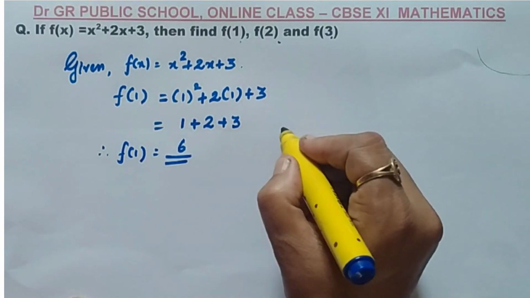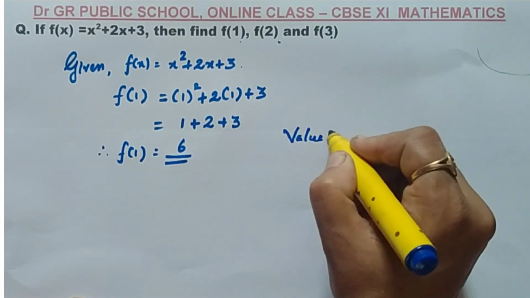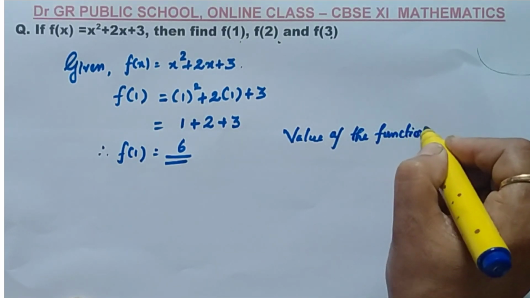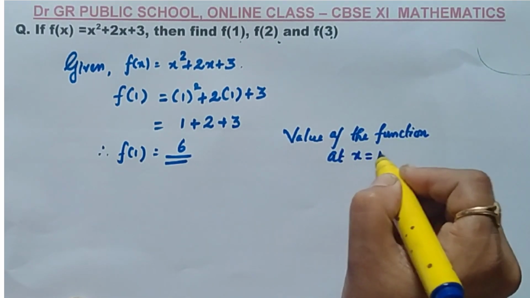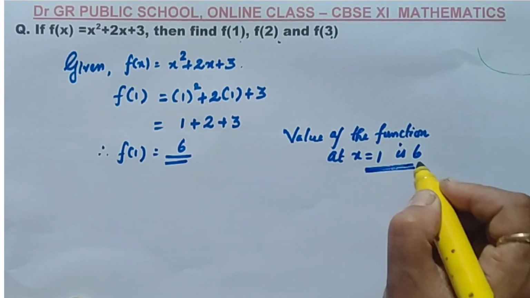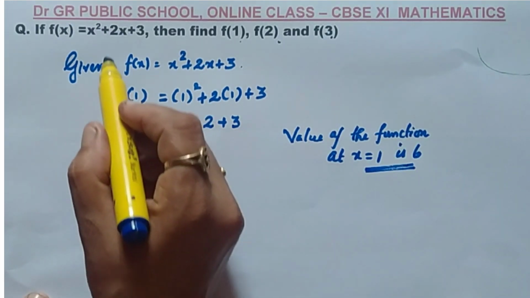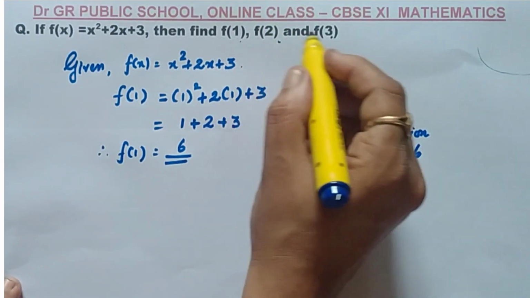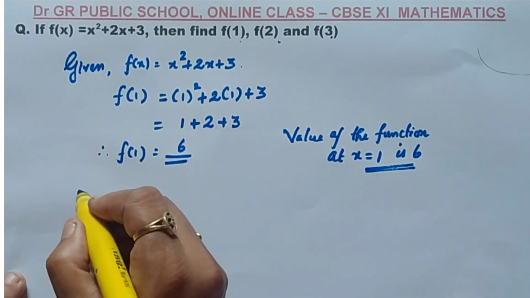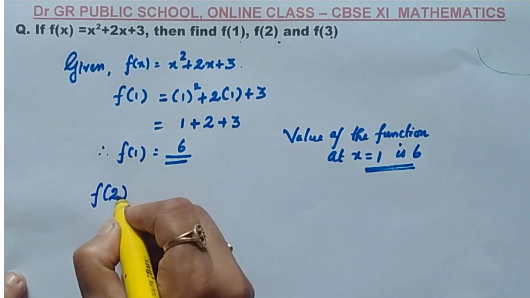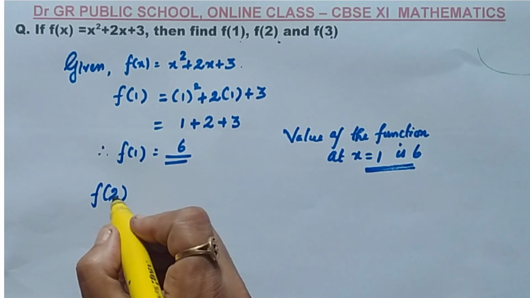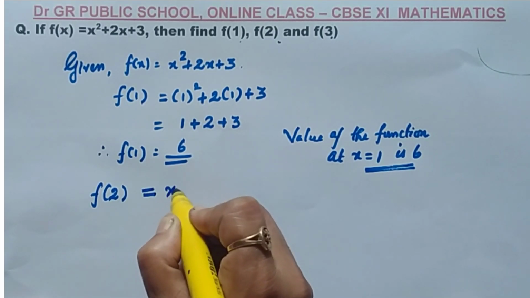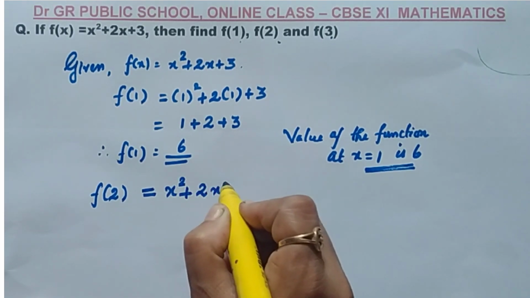In this case, you can say that the value of the function at x equal to 1 is 6. So, to find the value of a function, you just need to substitute the given value 1 or 2 or 3. Second, you need to find the value of the function at x equal to 2, f(2). f(2) means the value of the function at x equal to 2. f(x) is x square plus 2x plus 3.